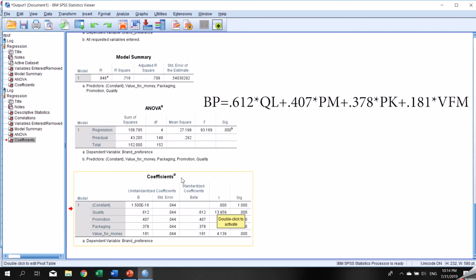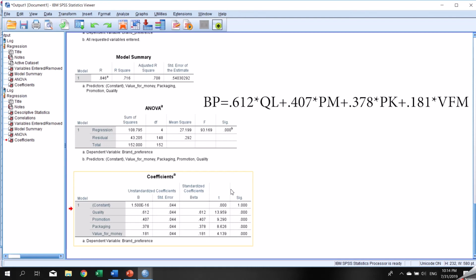For our group, brand preference equals 0.612 multiplied by quality plus 0.407 multiplied by promotion, and so on. And the constant here is almost 0, so there's no constant.